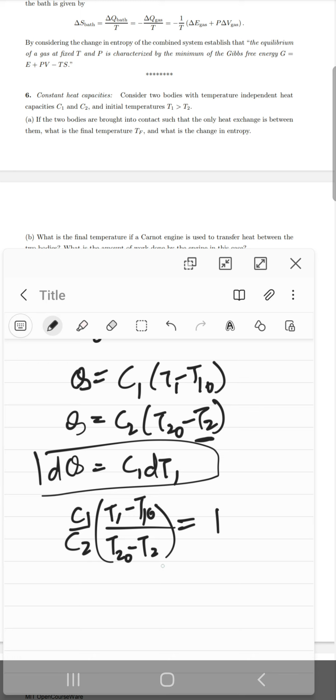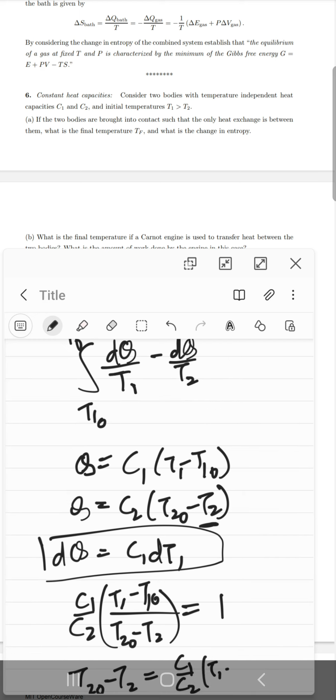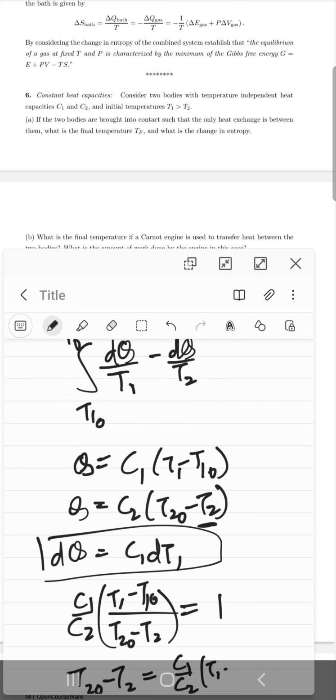What that gives us is some value for T2, so T2 naught minus T2 is equal to C1 upon C2 times (T1 minus T1 naught). This is kind of unnecessary, isn't it? It sort of is.